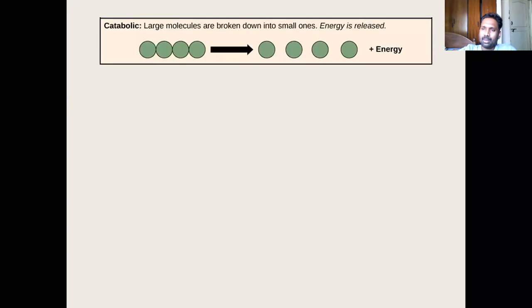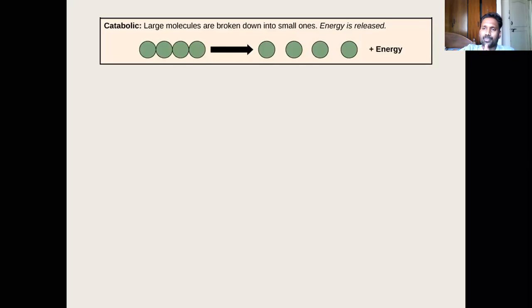So what are catabolic pathways? Catabolic pathways are those reactions which amount to breakdown of a bigger molecule into smaller molecules. That is what catabolism is. And what are the products of catabolism?